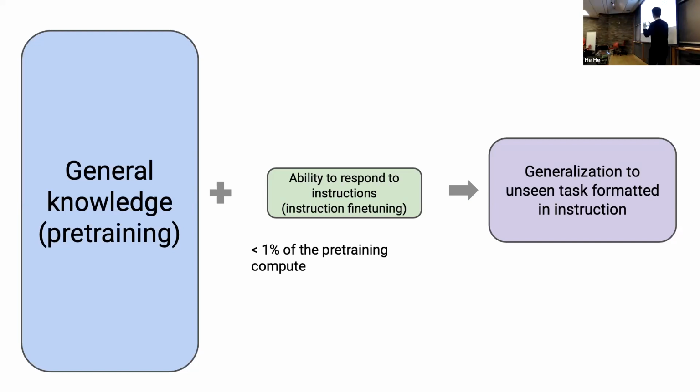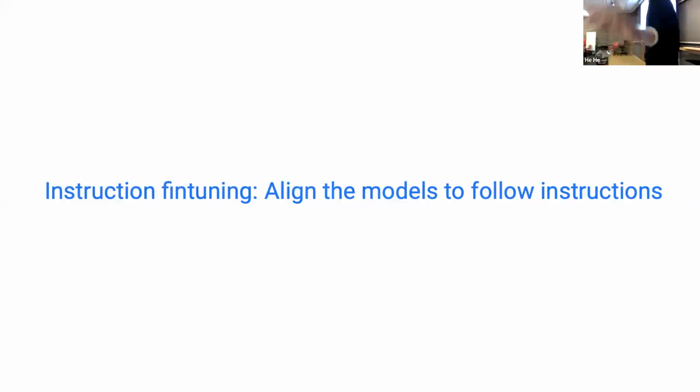We're just adding a little bit of a layer so that the model can activate what it already knew from pre-training. So that's pretty nice because we don't need to put in much compute and it actually makes the performance much better. In terms of alignment, alignment is a very popular topic nowadays. So we can think about this instruction fine-tuning as an alignment problem in that we are aligning the models to follow human instructions.